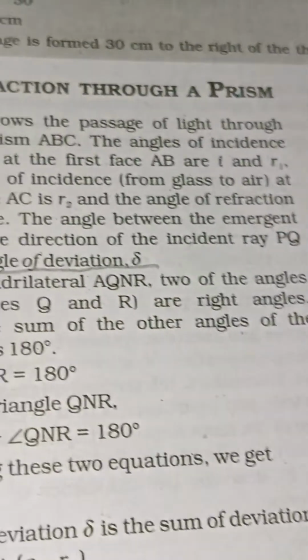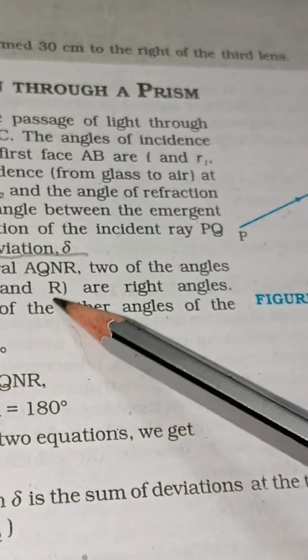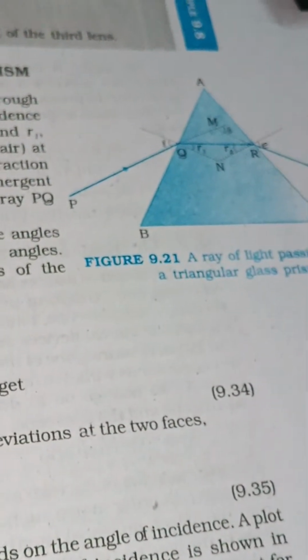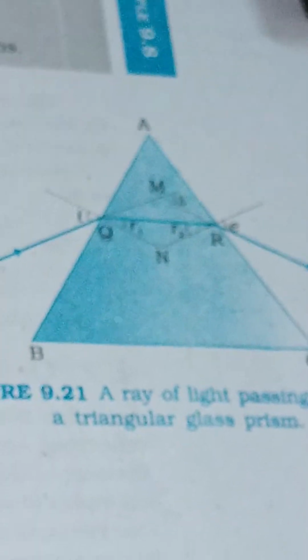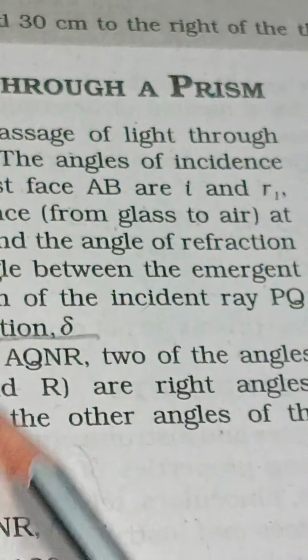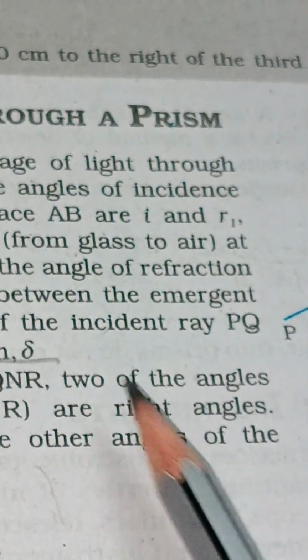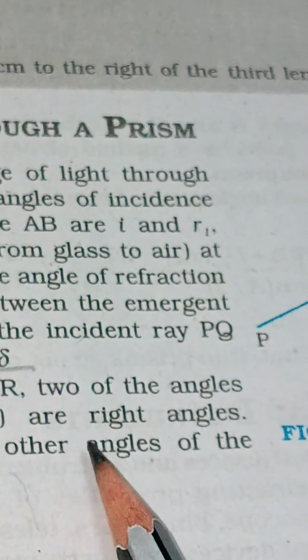What is called delta? In quadrilateral AQNR in this figure, two of the angles at the vertices Q and R are right angles.